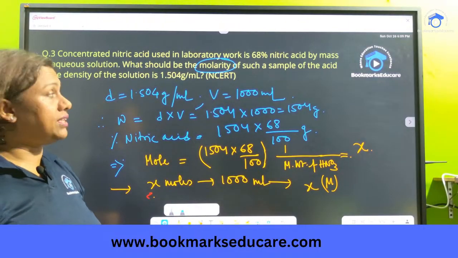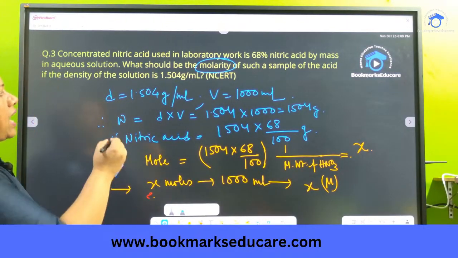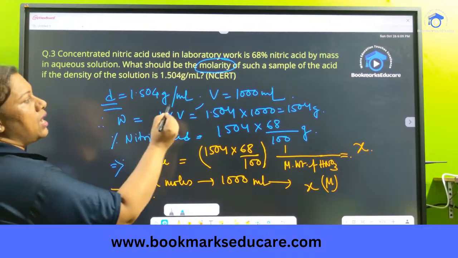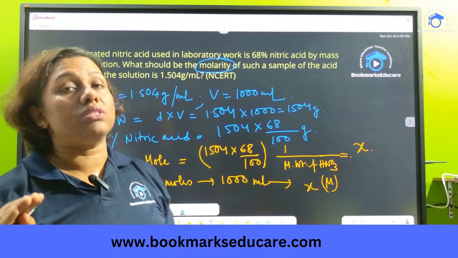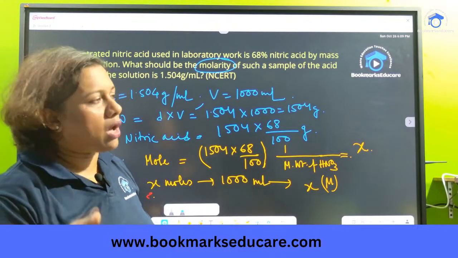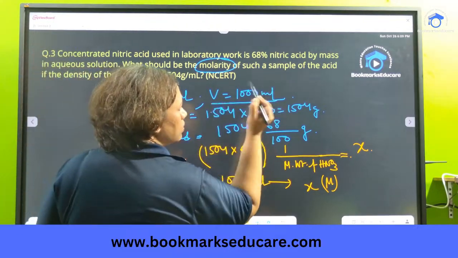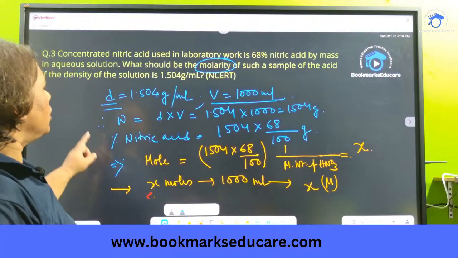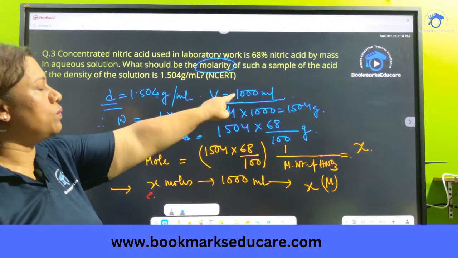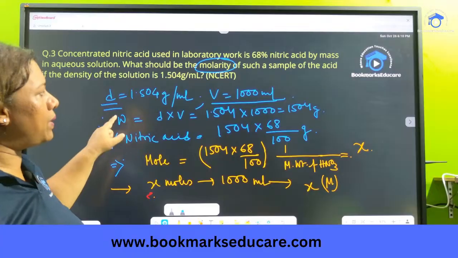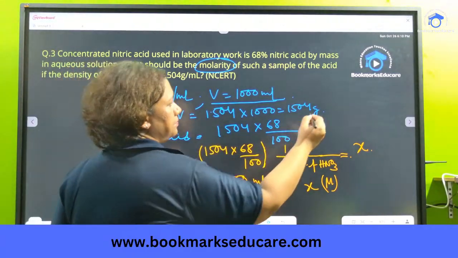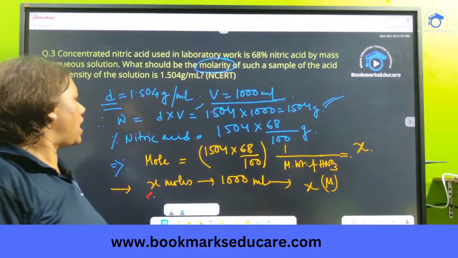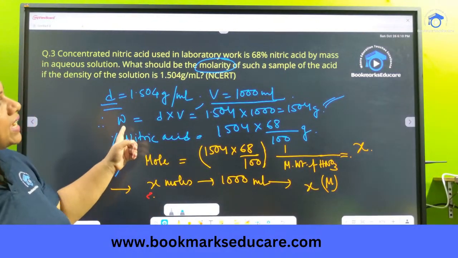Fine. So for that purpose, at first we have density, and for molarity calculation, as I told you earlier, we take 1000 ml solution. So the volume is 1000 ml here. Density is this, volume is this. We know mass is equal to density into volume. We got that. Clear? Now, what is the percentage of nitric acid by mass?